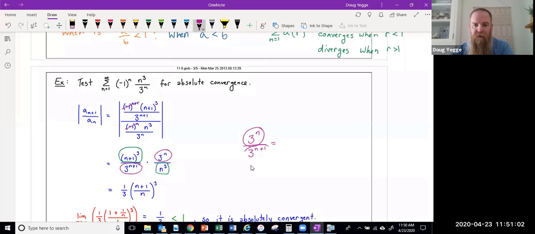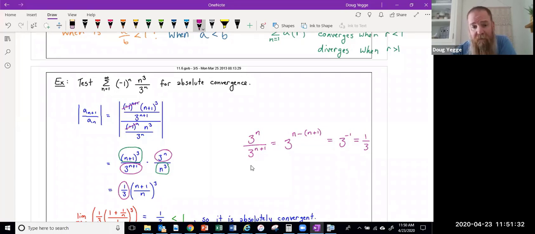This right here means multiply a bunch of 3's together, then multiply by 1 extra 3. So it should be obvious that this is going to simplify to 1/3. Another way to do it is to apply a property of exponents that says 3 to the power of n minus n plus 1, which gives me 3 to the negative 1, or 1/3. So we can see that the purple part right here is just simplifying to 1/3.